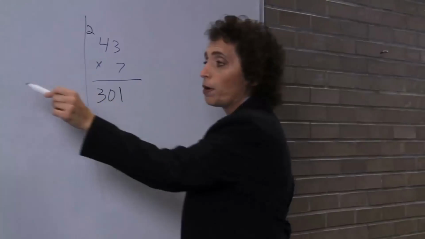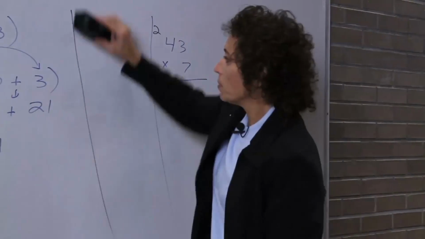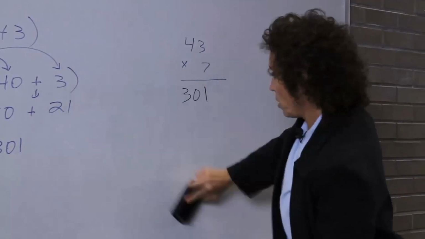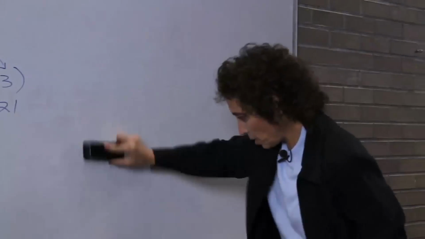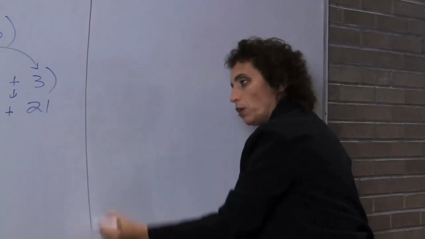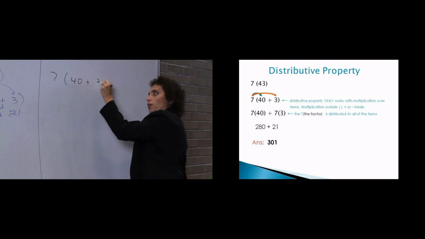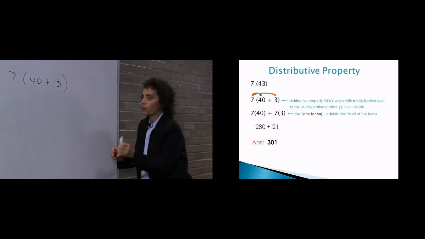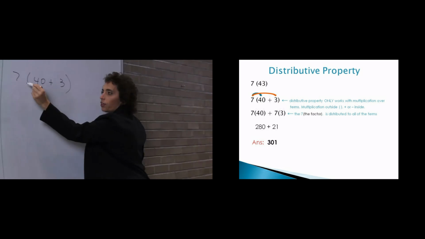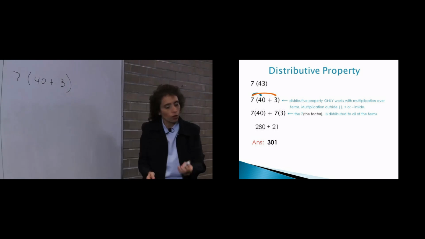Now, I want to talk about what this is called. Notice these little arrows here. Okay, that was a bad line probably. Let's try that again. All right, here we go. I'm going to rewrite this problem and show you this. I need you to understand that there's a couple things going on here. This is 7 times this whole quantity. What's inside here are terms.